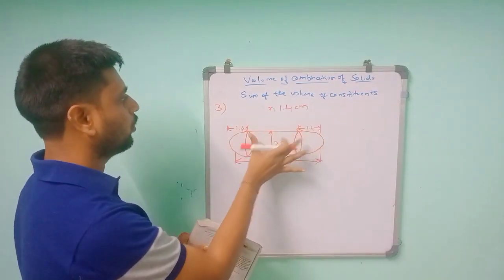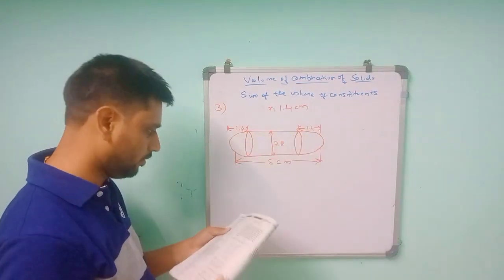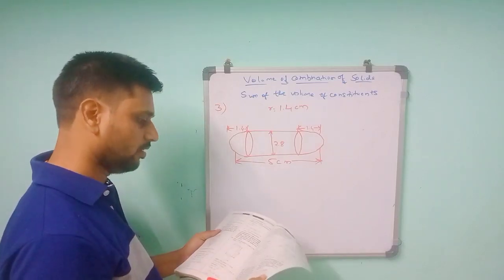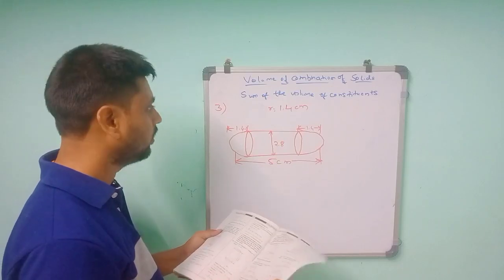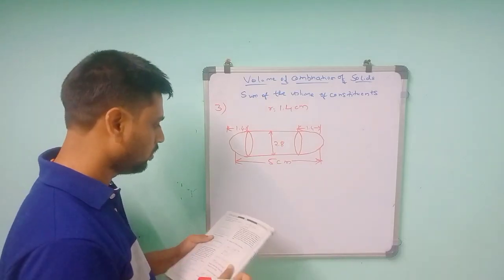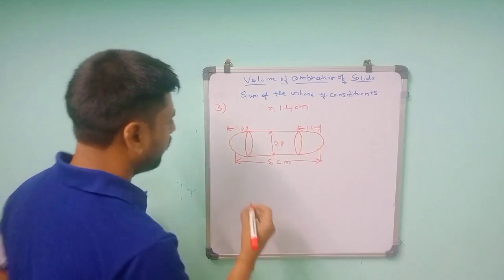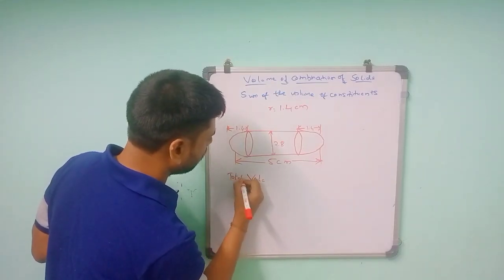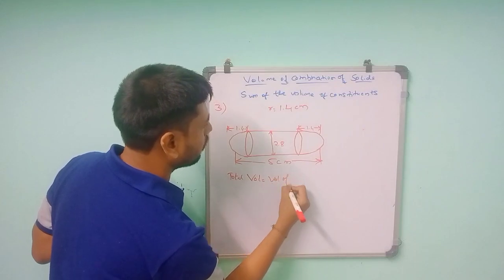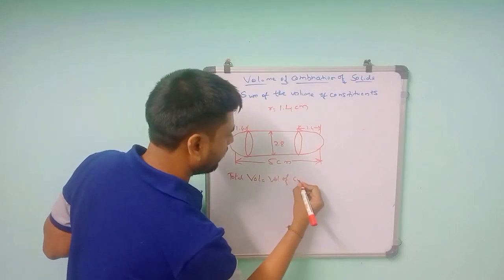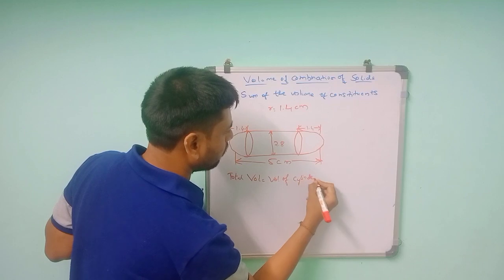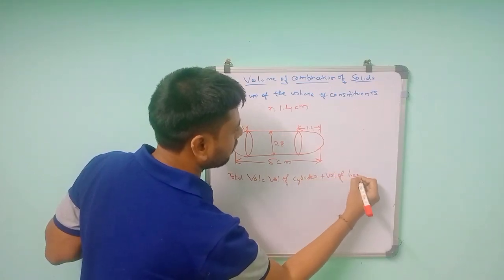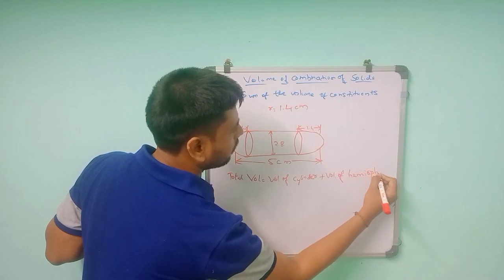The total will be 2.8, which is the diameter of that cylinder. Then you have to find the volume. So the total volume is equal to the volume of the cylinder plus the volume of the two hemispheres.